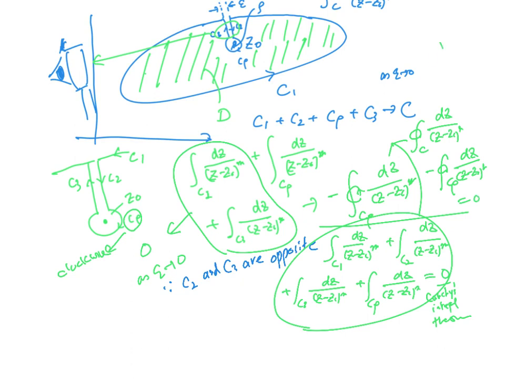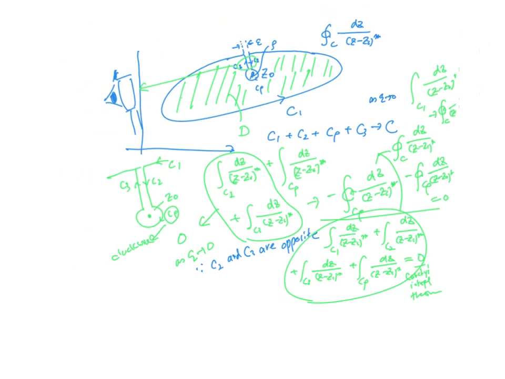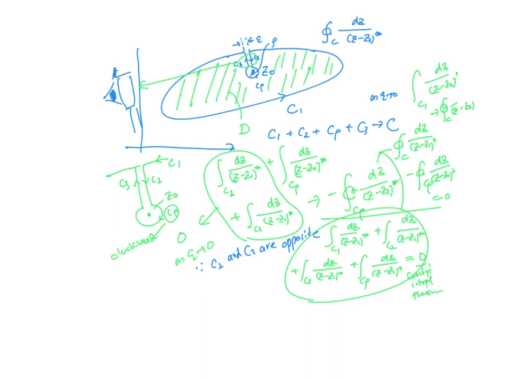So this C1 becomes close to C. Easy, right? As epsilon goes to 0.